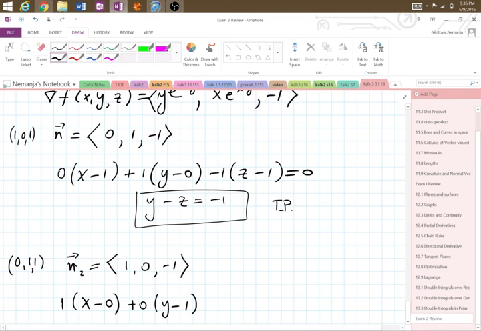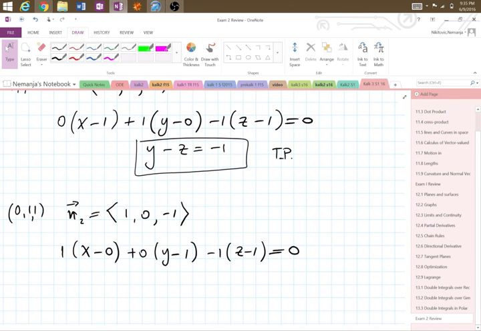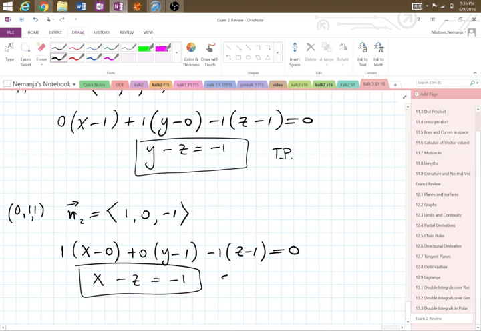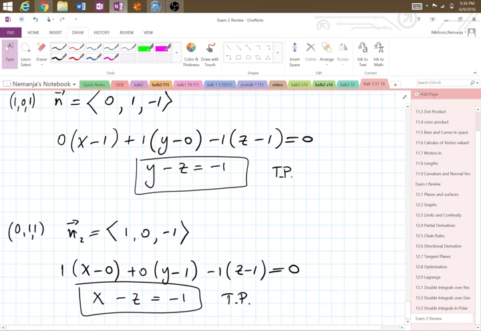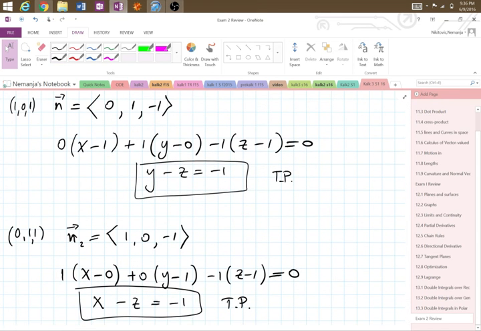Well, that's going to cancel. And then we have negative 1 times z minus 1 equals 0. That's going to be x, this one is gone, minus z equals negative 1. Another tangent plane. So they're asking us to find two separate tangent planes, right, at two different points.